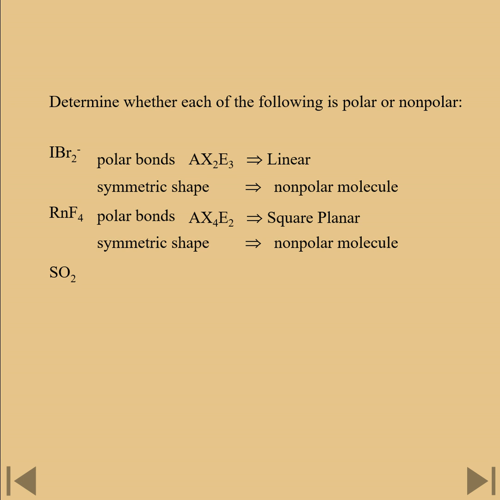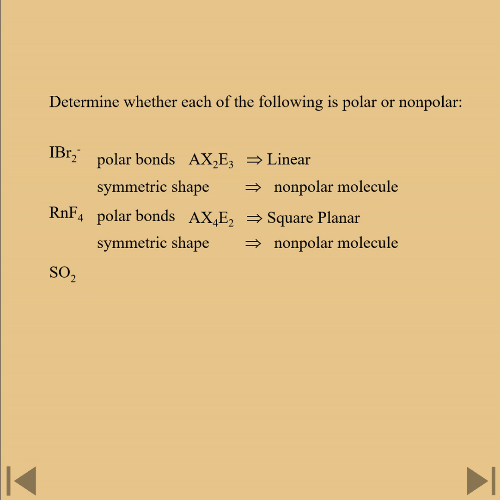AX3E is asymmetric. AX3E2 is asymmetric. AX5E is asymmetric. So again, these are the only times you have non-bonding electrons and it is symmetric. Every other time you have a non-bonding pair of electrons, it's going to be asymmetric.